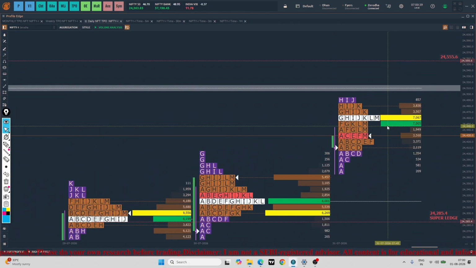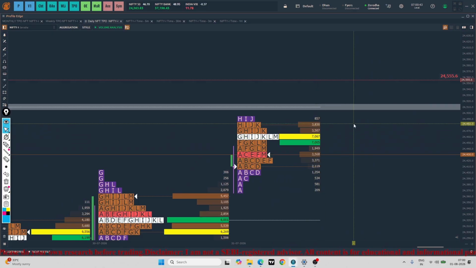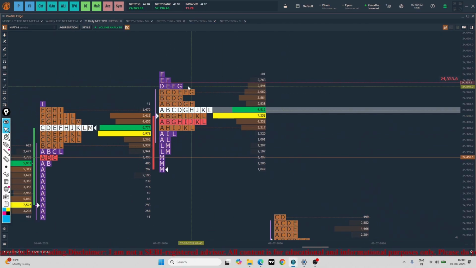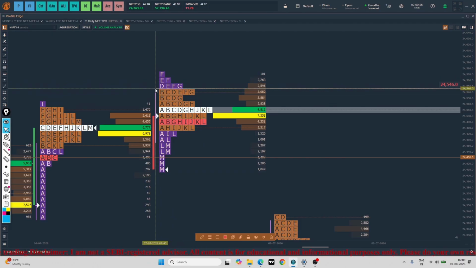Like this is POC, value area high, value area low. If the market opens above the POC, it will go to either the POC or the value area high. So this profile's value area high is here. These two references I have as of now.